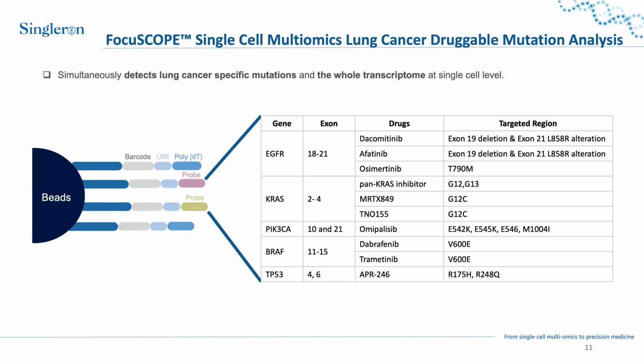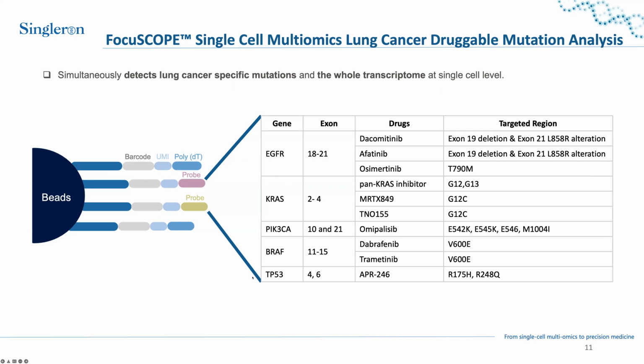In our case, for lung cancer, we designed the Multiomics lung cancer druggable mutation panel. You can use this FocuSCOPE kit to detect lung cancer specific mutations and the whole transcriptome at a single cell level at the same time. Here you can see the gene panel.